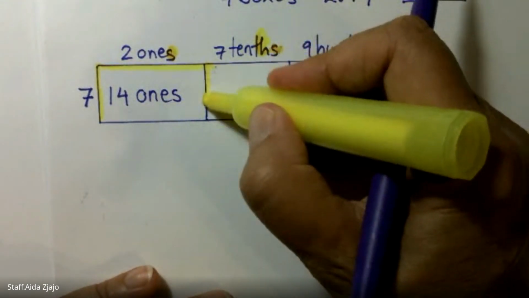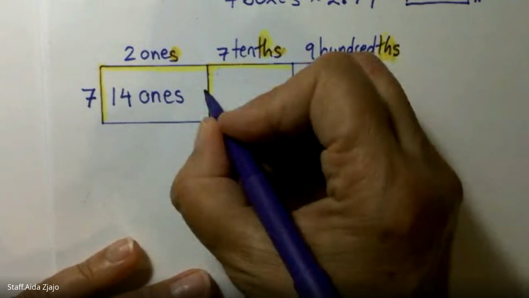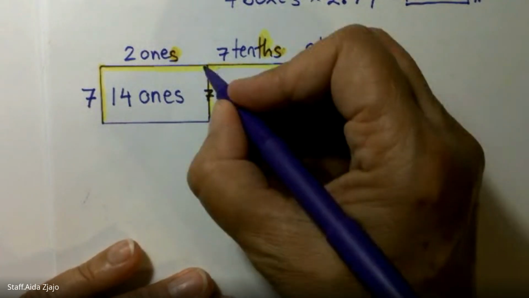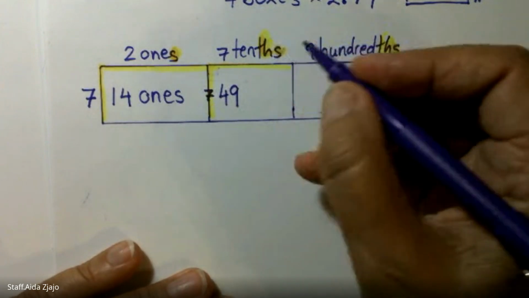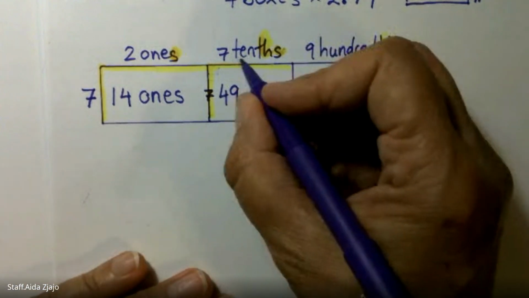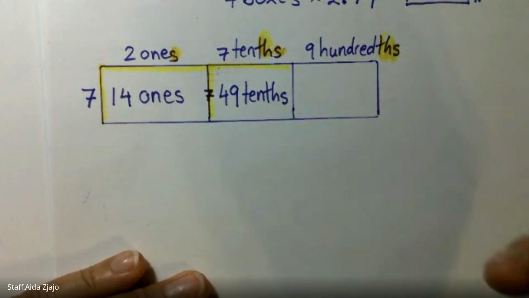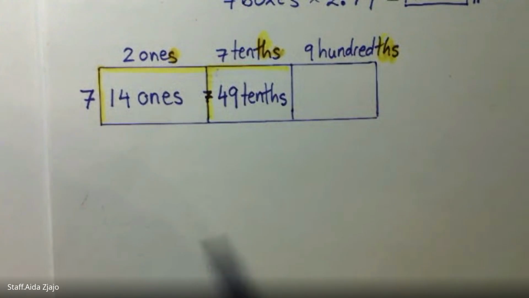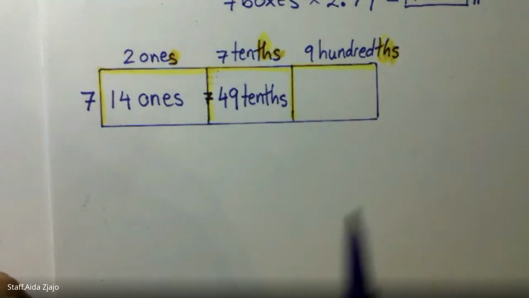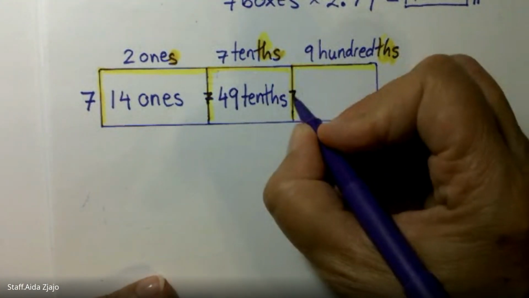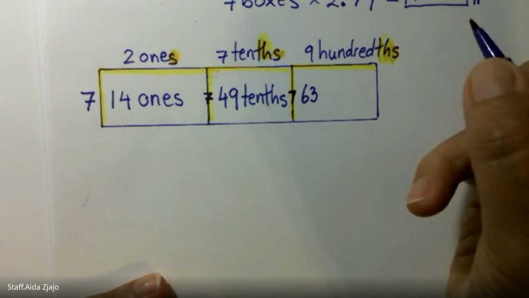And also this is 7, but it will be 7 times 7. So I like to put a little 7 here. So 7 times 7 is 49. 49 what? Tenths. And then if this is 7, so is this. So it would be 7 times 9 now. 9 times 7 is 63.